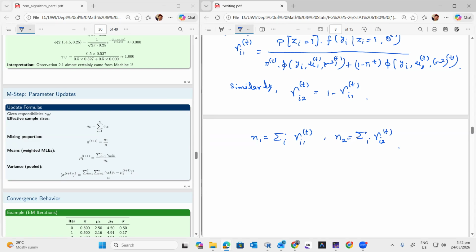Since the sum of both of them equals 1 for each I, N1 plus N2 is N. So we compute the mixture proportion as N1 upon N, and definitely 1 minus pi will be N2 upon N. So we update the mixing proportion.